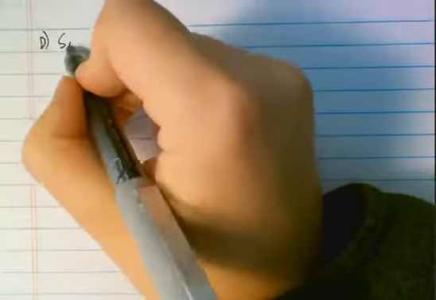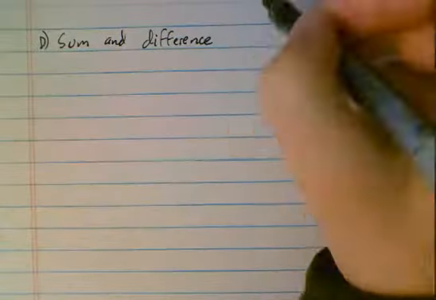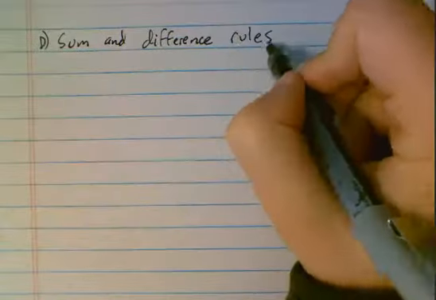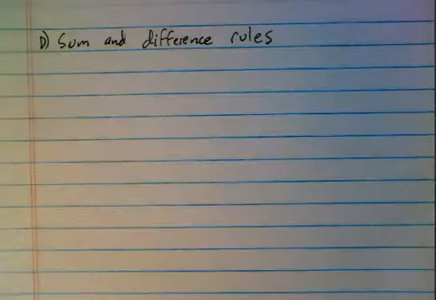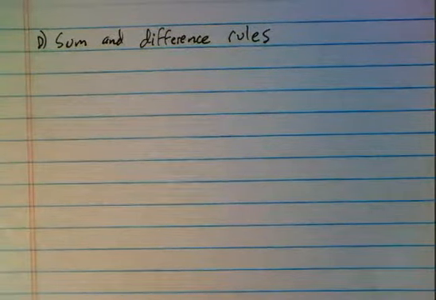The next rule is the sum and difference rules. Sum just means add, difference just means subtract. These are also kind of the same idea as the constant multiple rule.